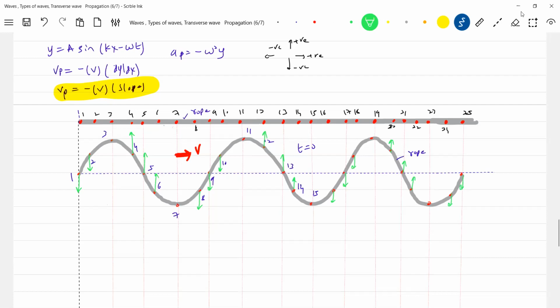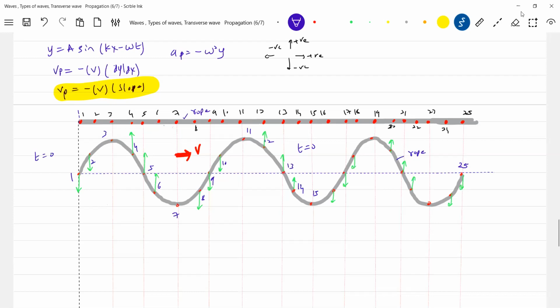At t equals 0, which points on a rope are at rest? 3, 7, 11, 15, 19, and 23 are at rest. Because I have to show they move perpendicular to the rope. So this is at t equal to 0.